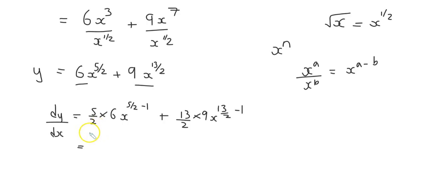So 5 over 2 times 6 is going to be 15x, and then you can change 1 into 2 over 2, or you could use a calculator for this. It's up to you really. So that will be 3 over 2 plus here, this is not really going to be a nice number, that will be 117 over 2 x, and then we can do this process again. 1 is the same as 2 over 2, so that will be 11 over 2. So this is your derivative here.